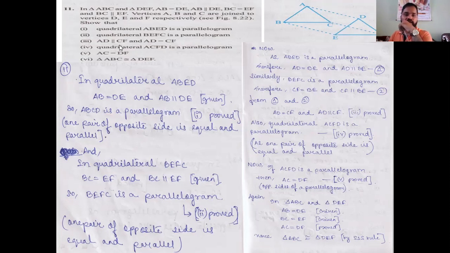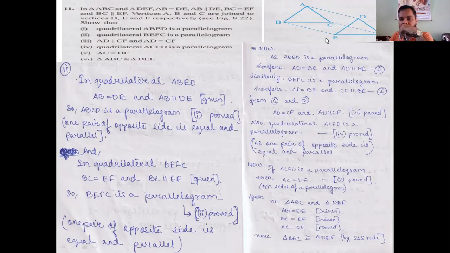Third, AD is parallel to CF and AD is equal to CF. Just now we proved ABED is a parallelogram and BEFC is a parallelogram, which means AD is parallel to BE. Why? Because ABED is a parallelogram.